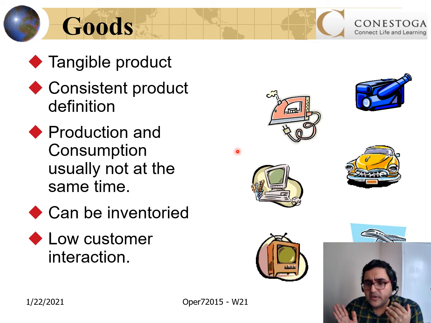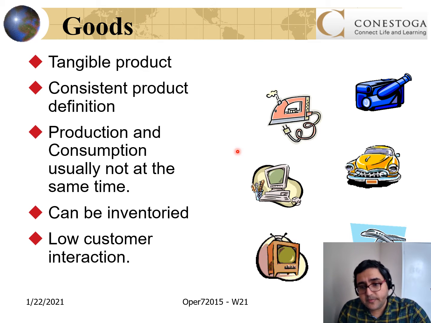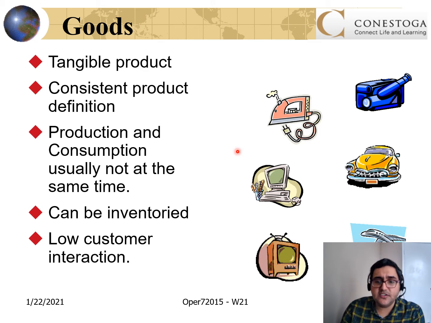And it's always important to understand this in the case of a goods industry. We go to a particular shop and purchase the phone, but we really do not know where this particular product has been manufactured. We are not really buying it from the factory, right? So production and consumption usually do not happen at the same time.